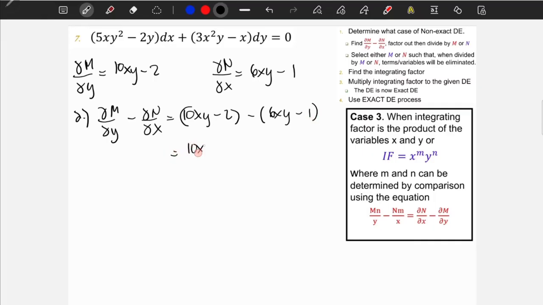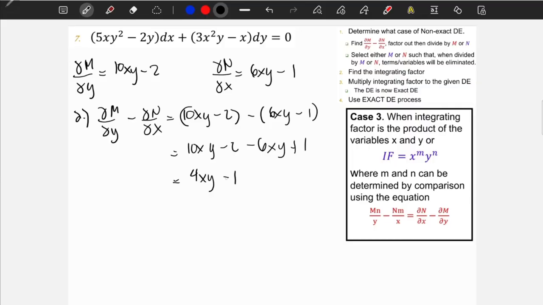We copy 10xy minus 2 and we distribute negative to this expression. So negative times 6xy is negative 6xy. Negative times negative 1 is positive 1. Then we add like terms. So 10xy minus 6xy is 4xy. Then negative 2 plus 1 is negative 1.